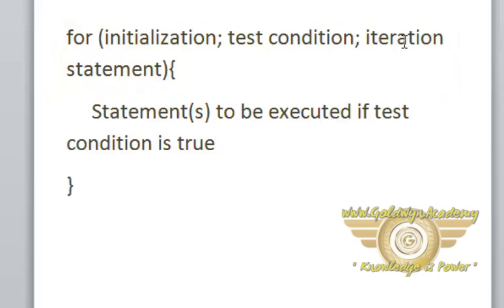Iteration is used to increase or decrease our counter, or this local variable. So this is a very simple syntax for the for loop, and we have to write all three in the same line, separated by semicolons.